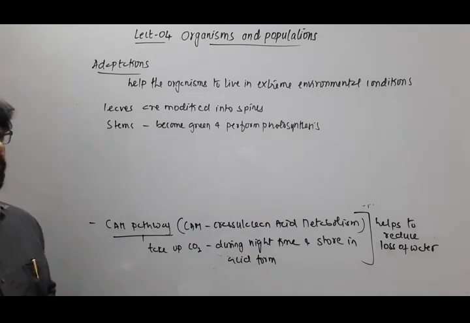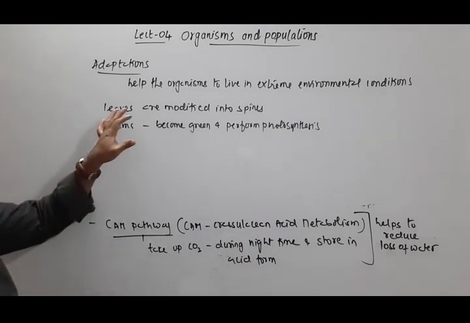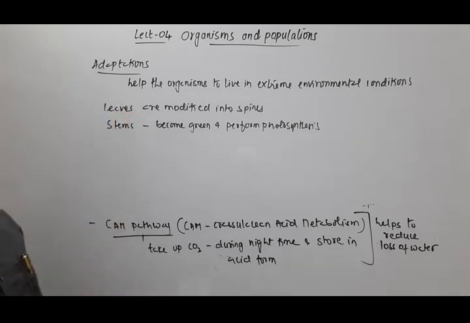Because leaves have stomata and are responsible for transpiration, which results in loss of water, that can be avoided by modifying the leaves into spines.